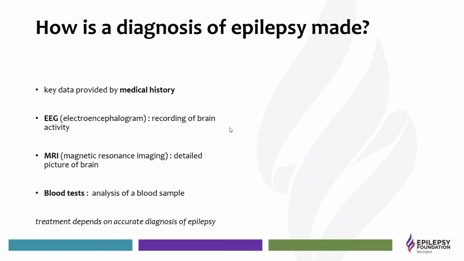And then oftentimes when they want to find out if there's some sort of physical reason for the seizures, they'll do some sort of imaging test, whether it's a CAT scan, a CT scan, or an MRI. They're looking to see if there are structural reasons, if there's something like a brain tumor, a lesion, scar tissue, or a venous malformation.